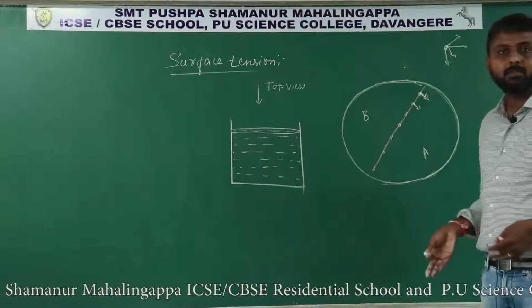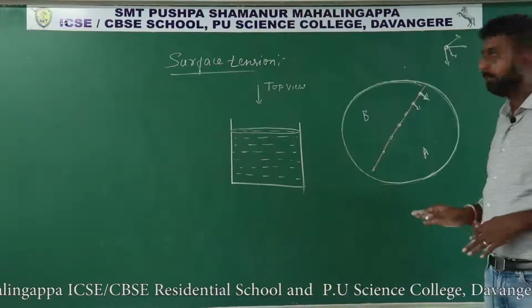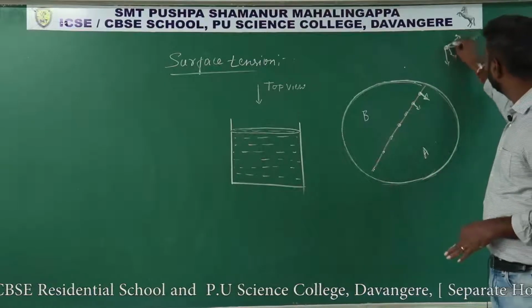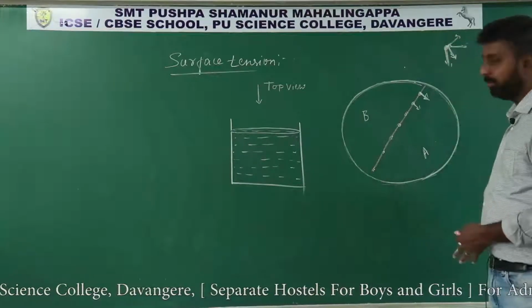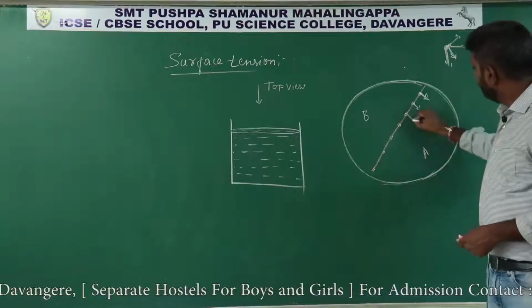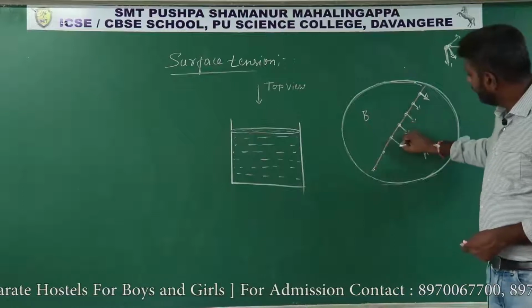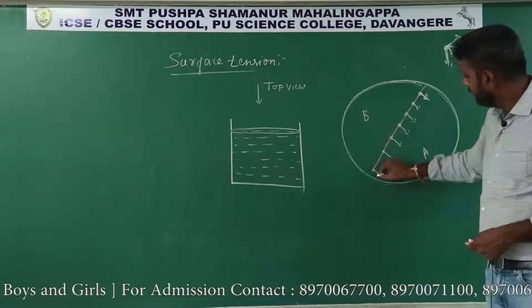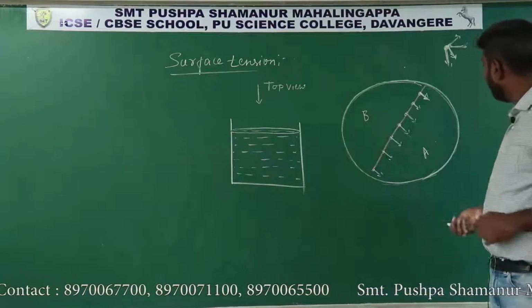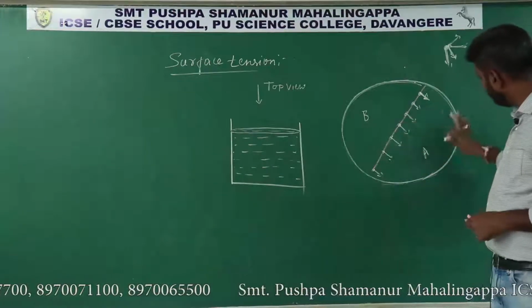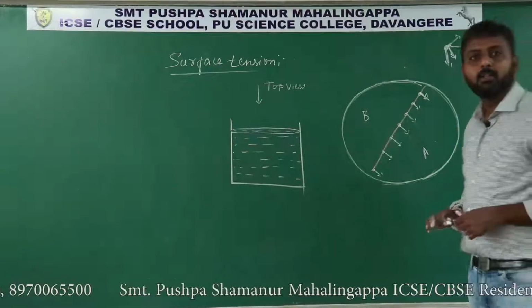That resultant force only I am representing, but you have to consider that in all directions the other molecules are applying force. That means this is the resultant force acting in this direction due to the molecules present on the A side.